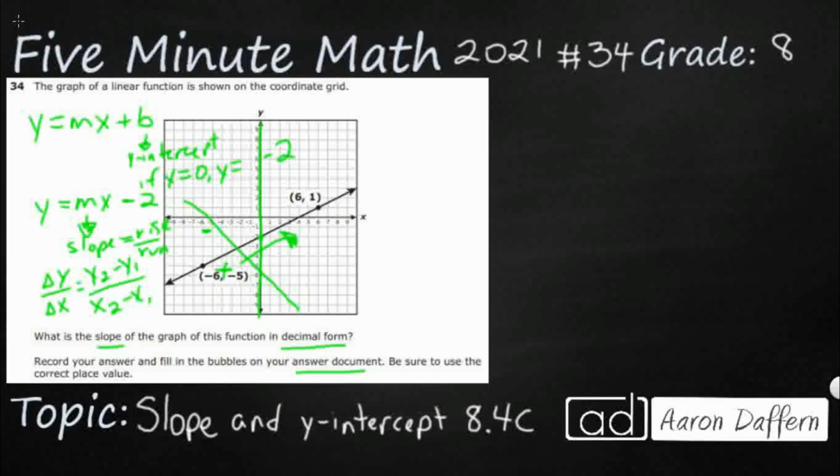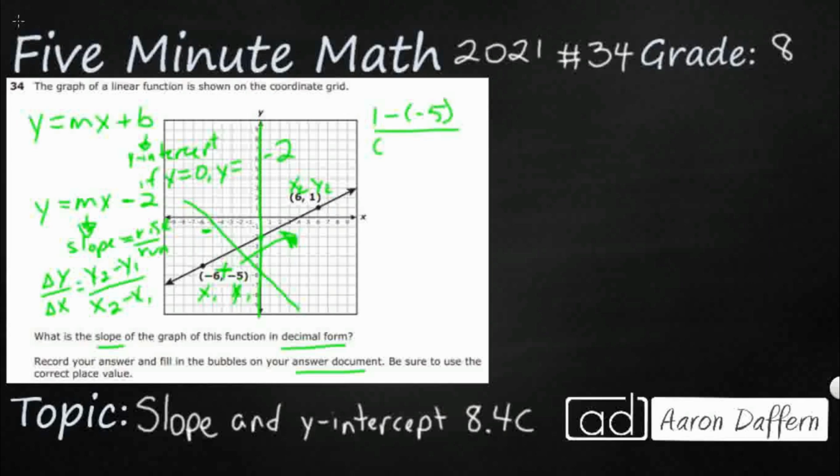So let's make this point our x1 and y1, and this point our x2 and y2. It really doesn't matter if we flip those, we'd get the exact same answer. So y2 is 1 minus y1, which is -5. That happens quite a bit, so you put parentheses there to separate them.